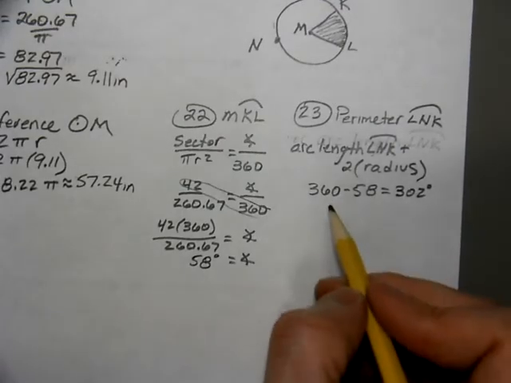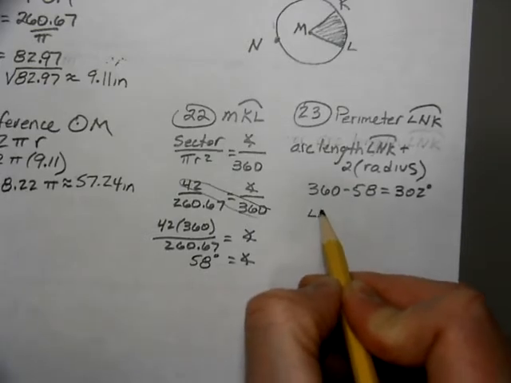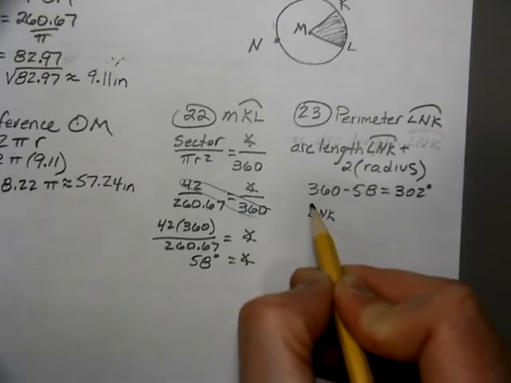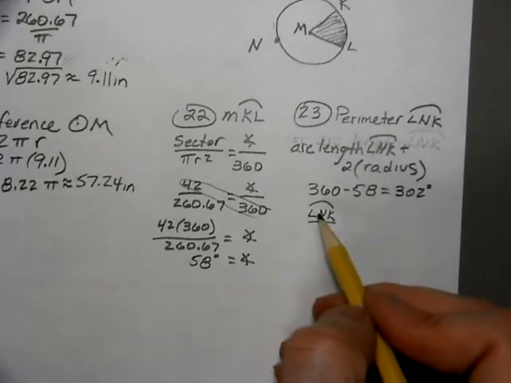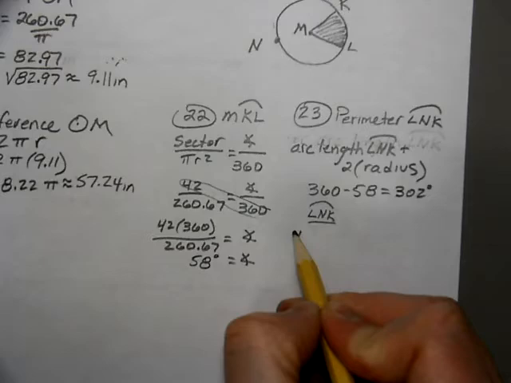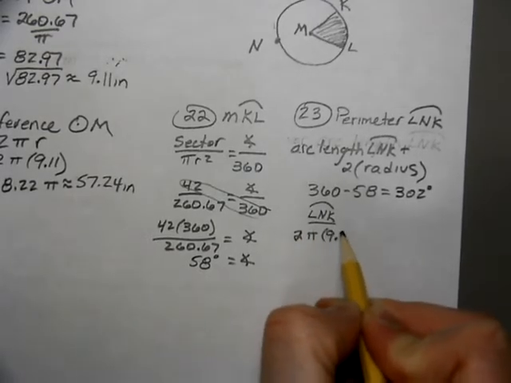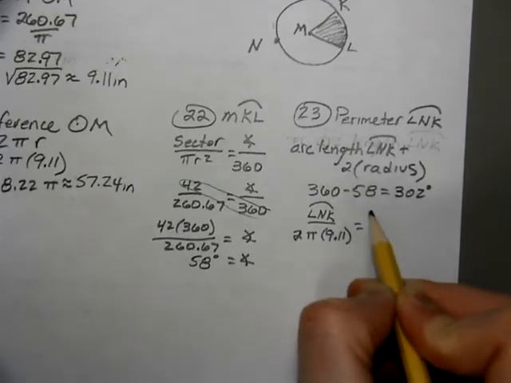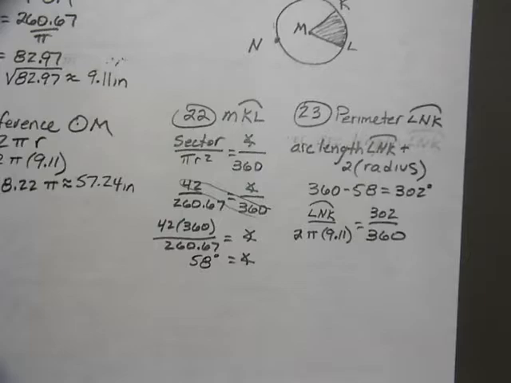So we're looking for arc length over the circumference of the circle, which is 2 pi r, which equals 302 over 360.